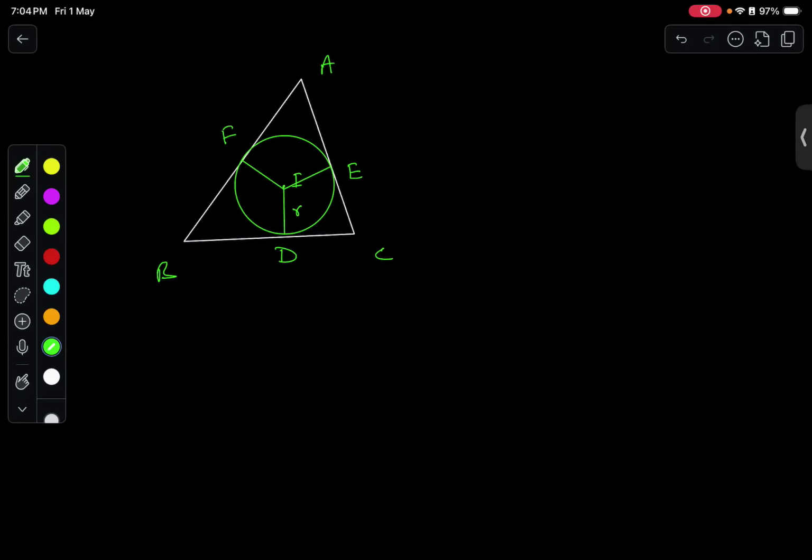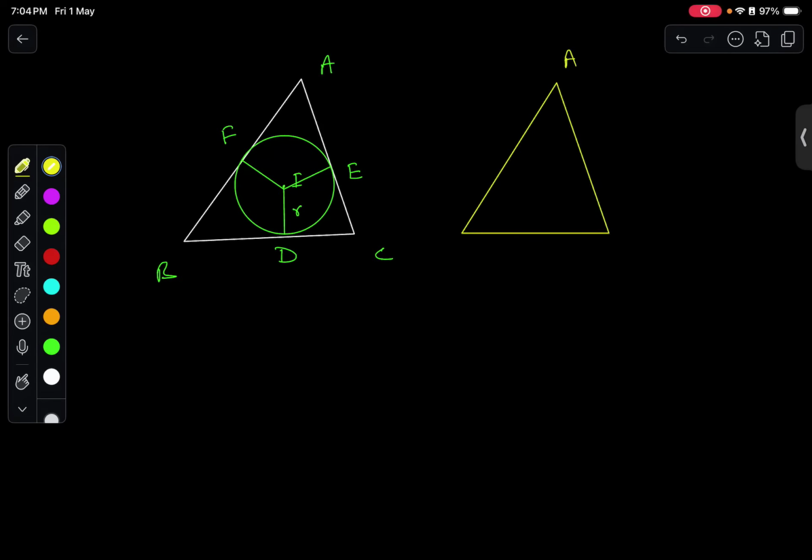There are a few properties and results that we have to remember. First, I'm going with the proving only. This is the angle bisector.